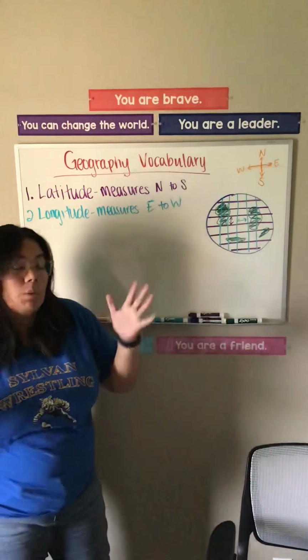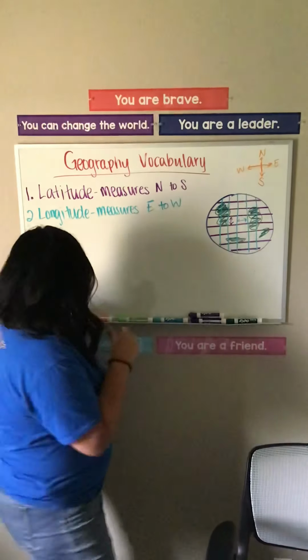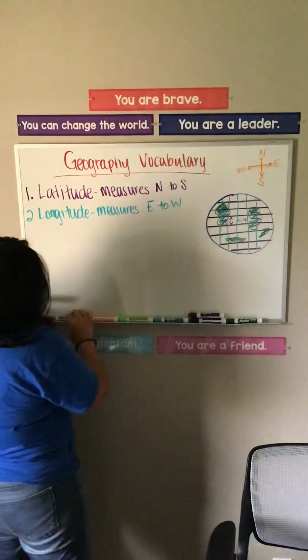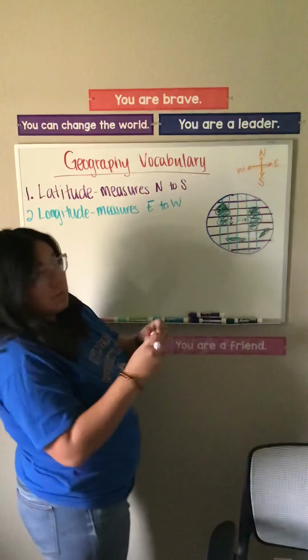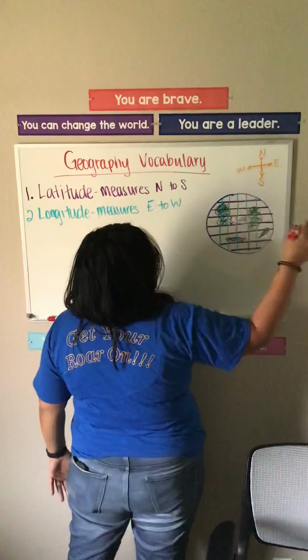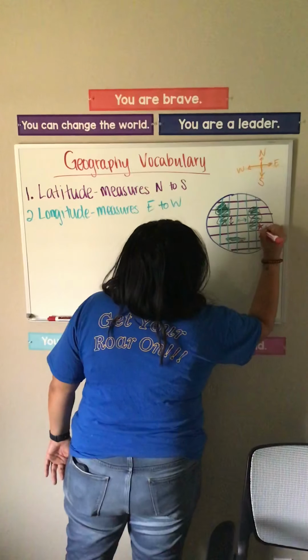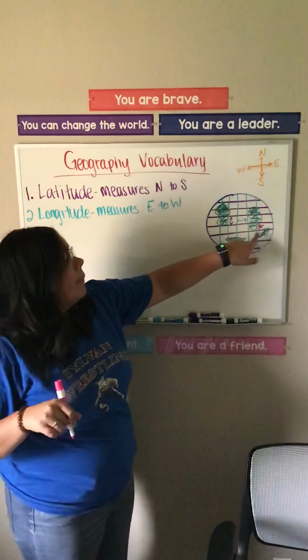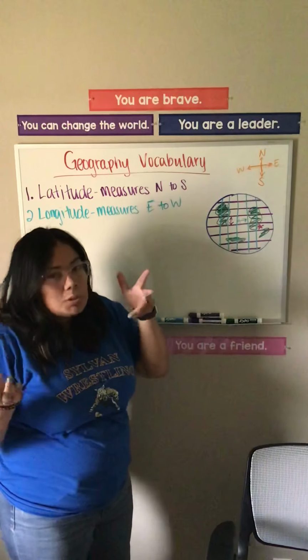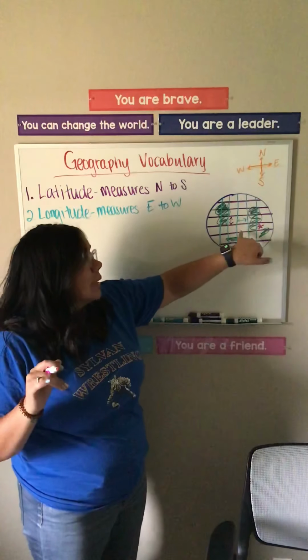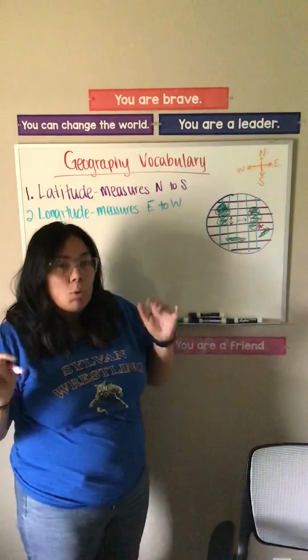These lines help locate something on Earth. So for example, I'll use pink. Let's say Mr. Lara was located right here, right where that star is, okay? Now if I'm lost, let's just say I'm adventuring and I'm lost, I have to give my coordinates to somebody.